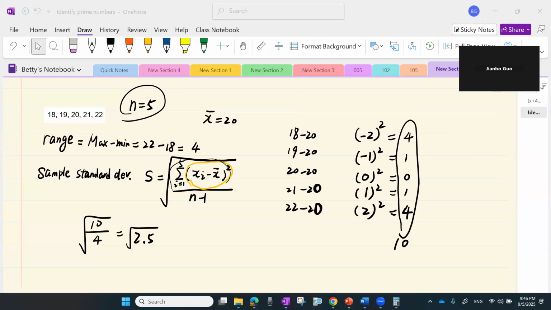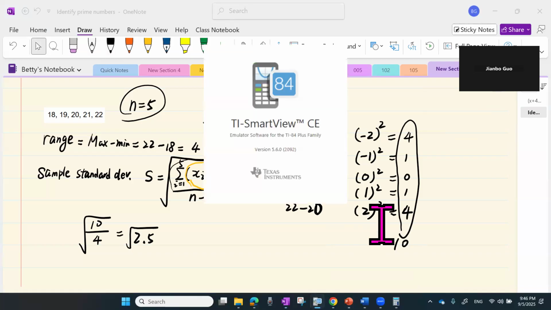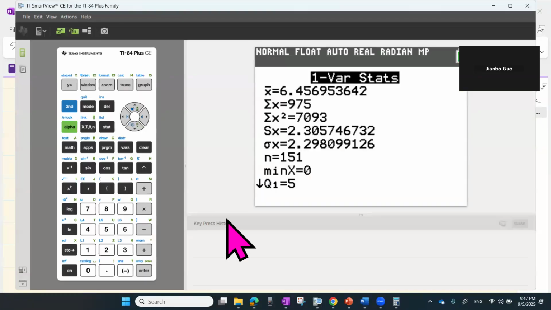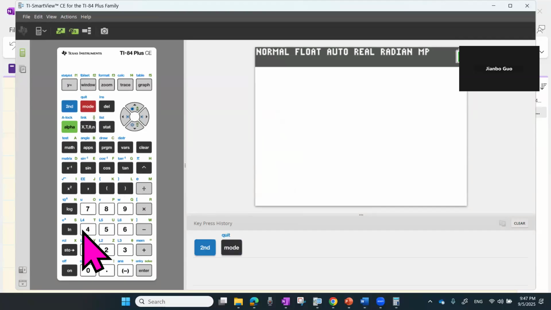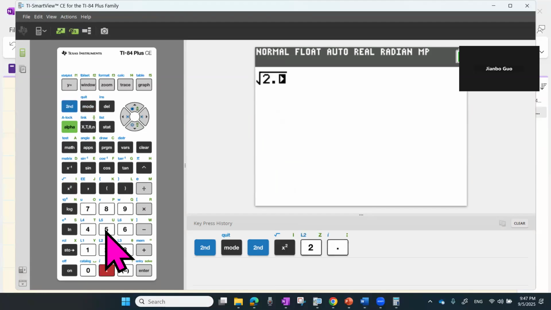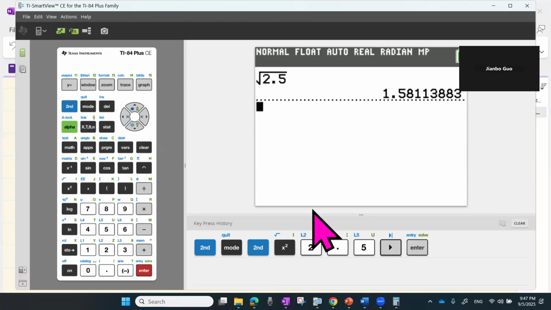Let me try my graphing calculator. The result is going to be a decimal. Sorry about the delay. Square root of 2.5. It's a decimal.